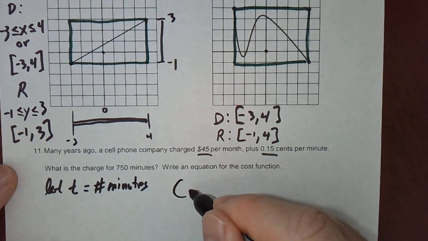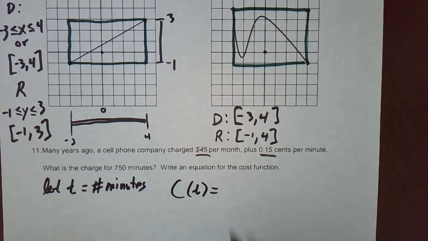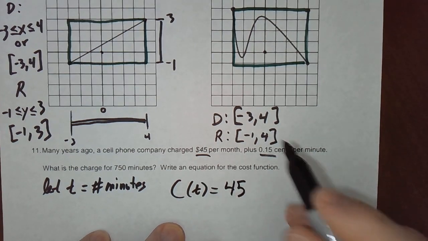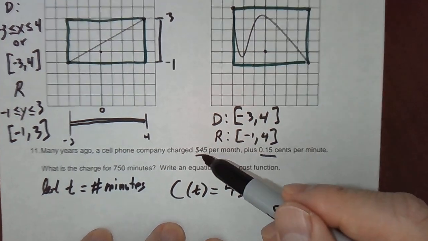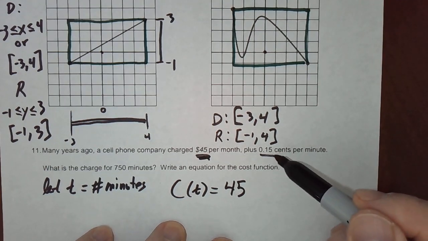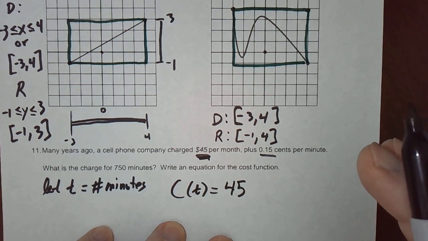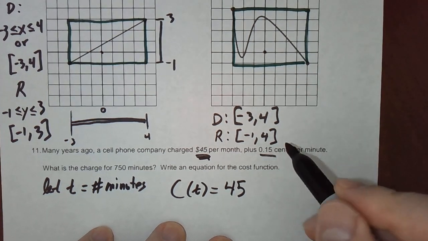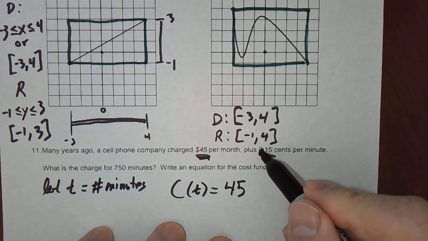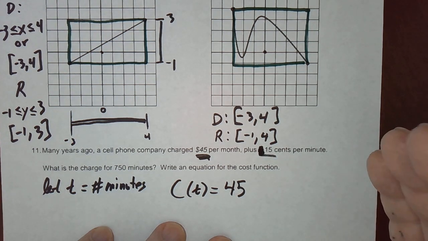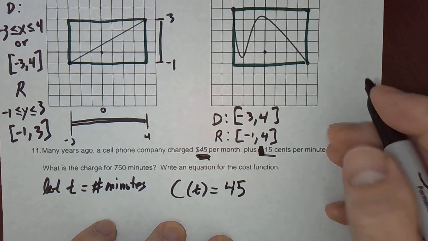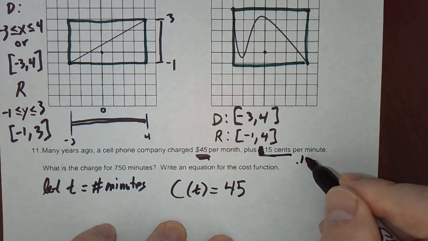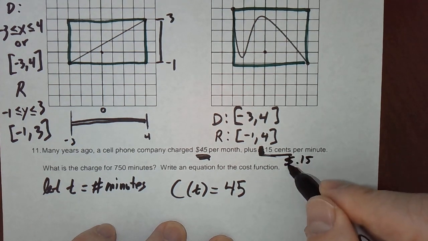Well, what is the cost for that many minutes? Well, it's certainly going to be $45, because even if you talk 0 minutes, you have to pay that. Plus 15 cents, $0.15.